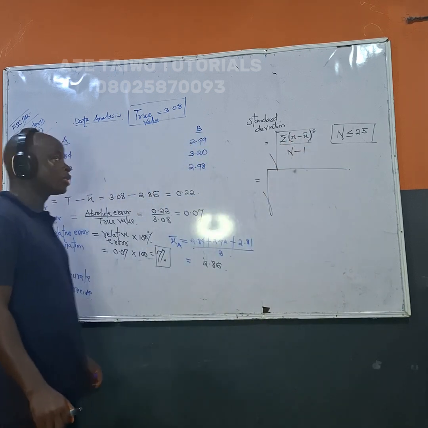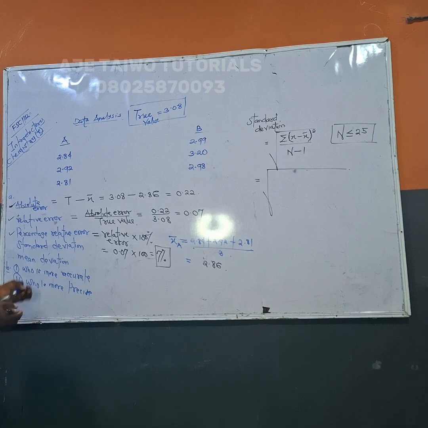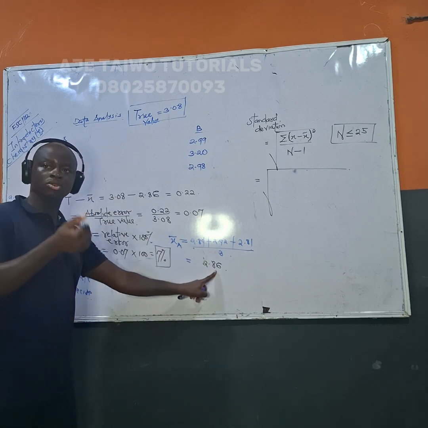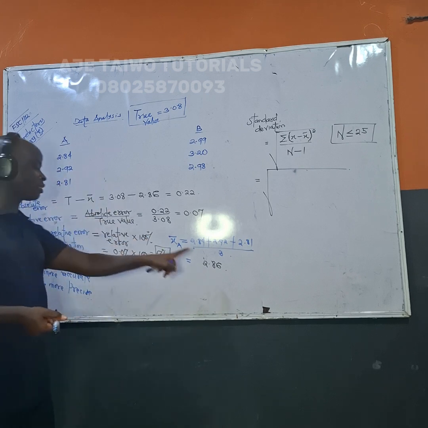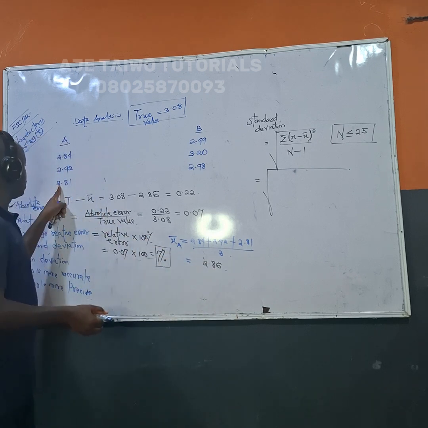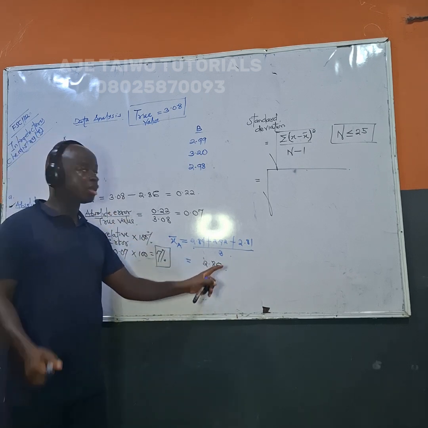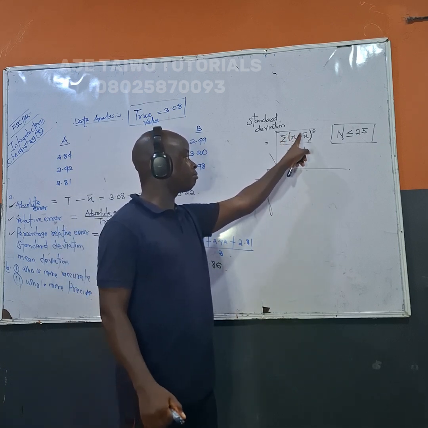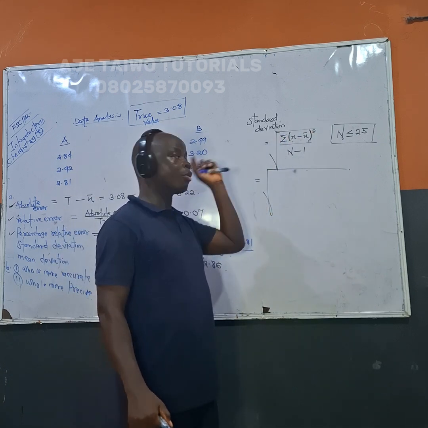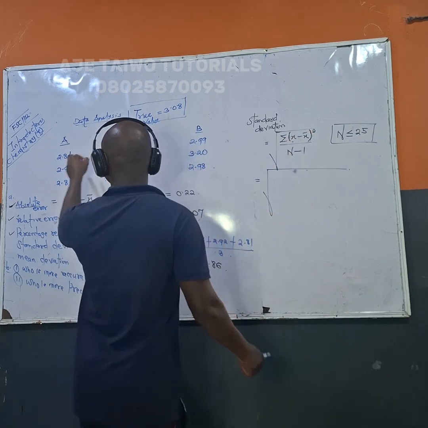So the question now is, I'm going to do this minus this squared, this minus this squared, this minus this squared. That's the degree of x minus x bar. And we'll now sum everything. Let's do it.